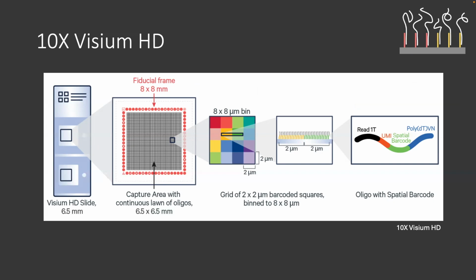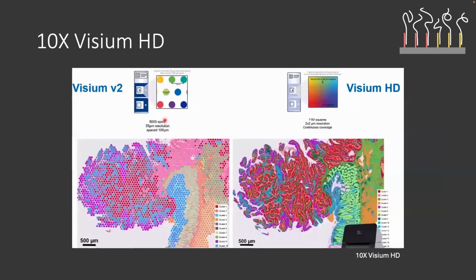So there is a little bit of diffusion going on there. But this resolution is already so much better than what it was before. Here is an example from 10x where they did the regular Visium and the HD on, I think, consecutive sections, and yeah, you really clearly see the increase in resolution here.